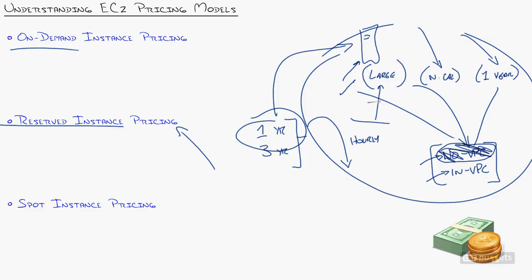Amazon has a marketplace, or you could even go to eBay or wherever you want to go and actually sell your reserved instances. They are transferable. So for instance, let's just say you bought a large instance and you no longer want that platform, or you bought it in no VPC and now you need it in VPC, or you bought it in North Carolina and you want it in North Virginia. What you can do is you can go and sell that reserved instance and transfer it to another user. However, that onus is yours. Otherwise, you are stuck with that instance.